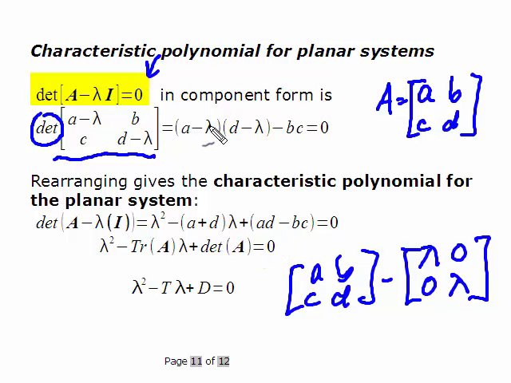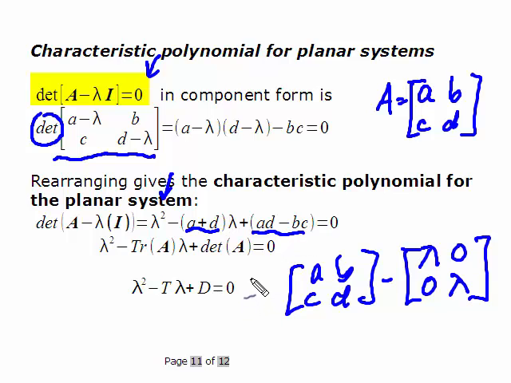Now if we work through this and rearrange it, we get the characteristic polynomial for the planar systems. You would of course have a lambda squared. You've got minus A plus D times lambda when you work out the cross terms, and then a constant, which is AD minus BC.